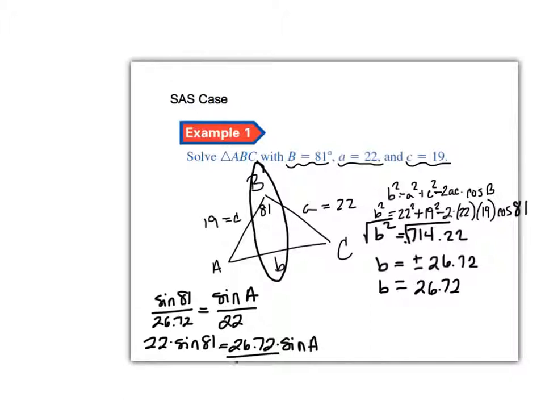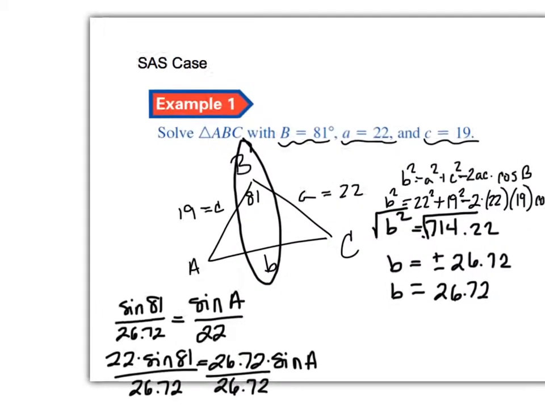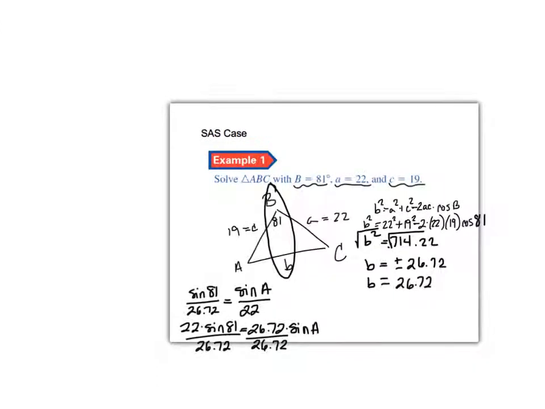Divide both sides by 26.72. And let me give myself a little more room to work with. Everything's zooming out so far. And then I plug in this left-hand side into my calculator and see what we get.